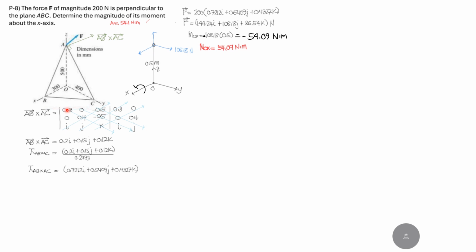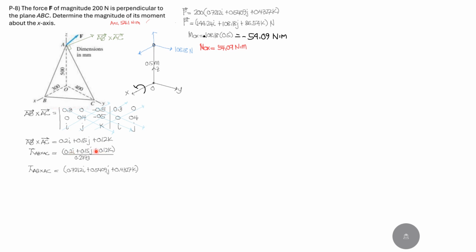Then for k, 0.3 times 0.4, that's positive 0.12, then minus 0. So 0.12k.